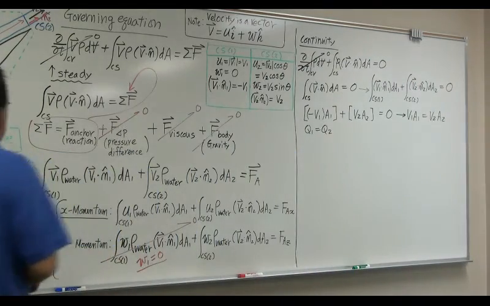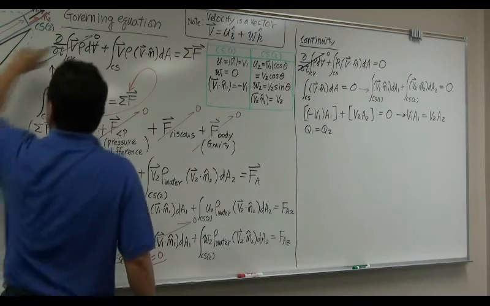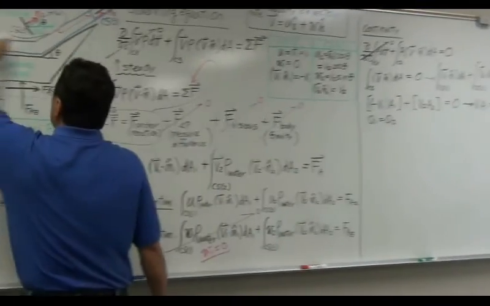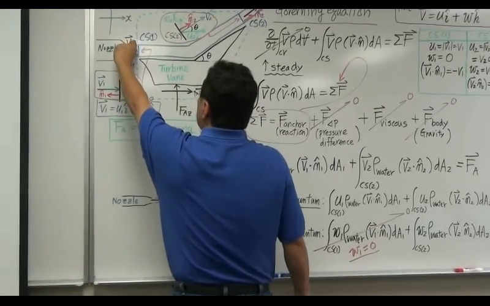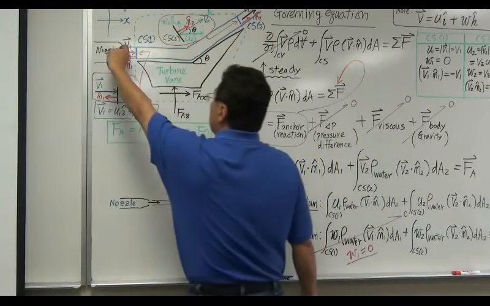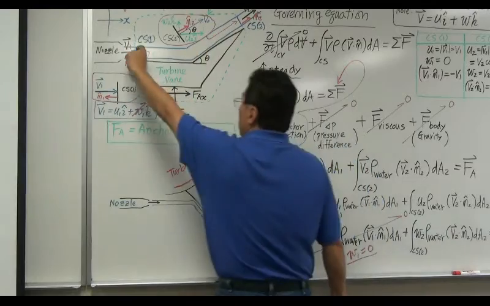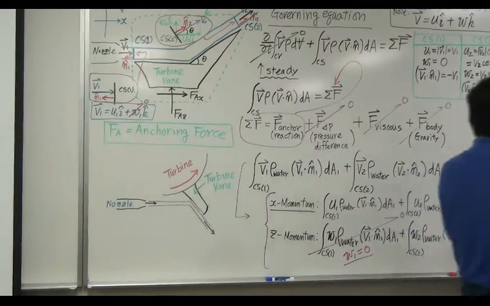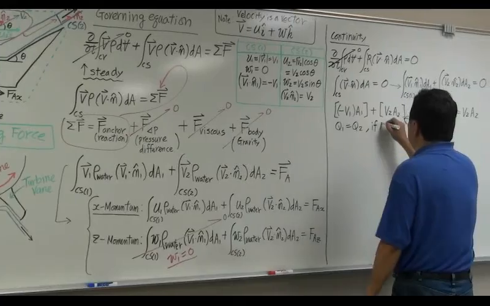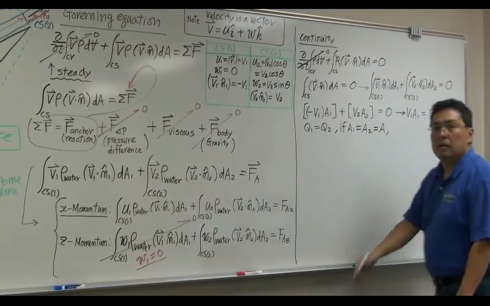So here is a big observation. The cross-section area of this water jet remains constant throughout. Flow gets in, it just turns and gets out. It doesn't change the cross-section. If A1 equals A2 equals A, what is the conclusion?